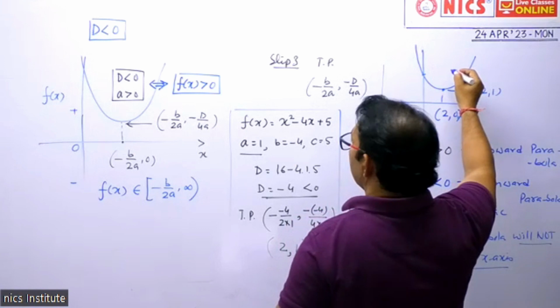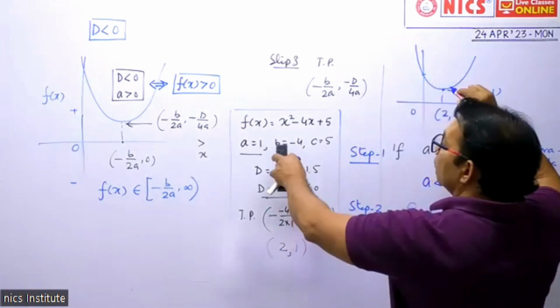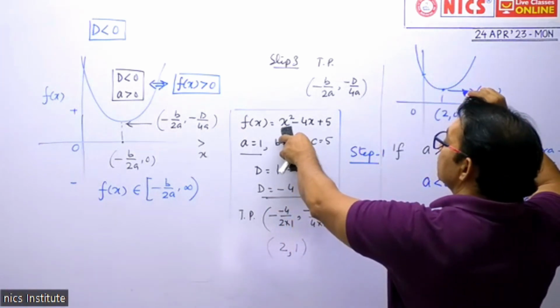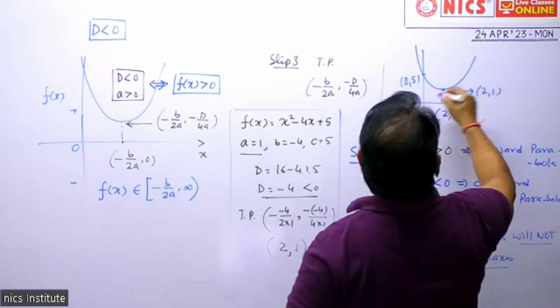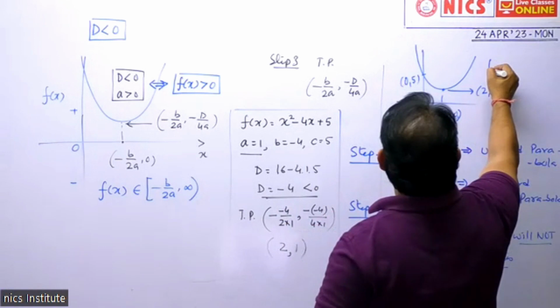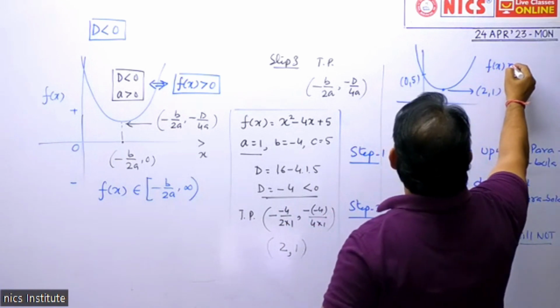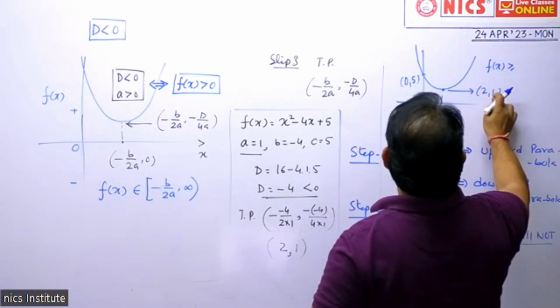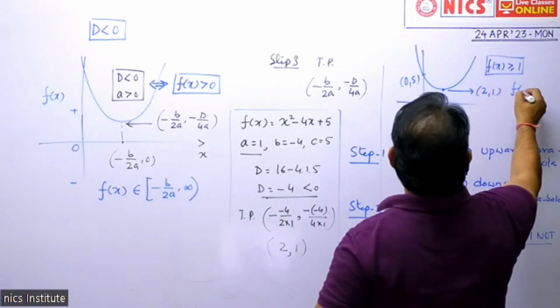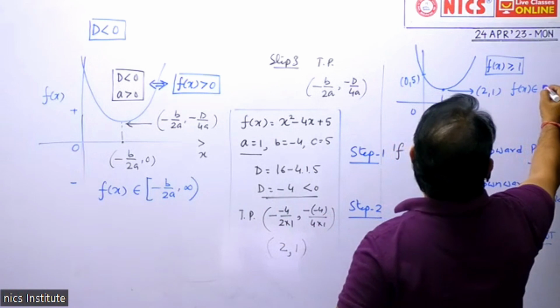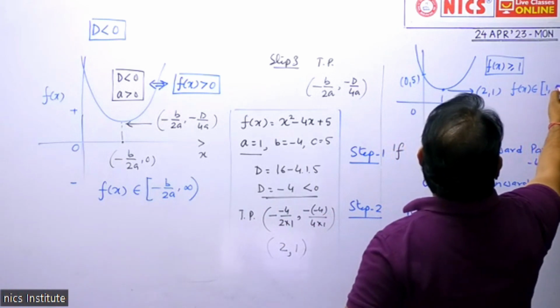This is the point where on the y-axis x would be 0. When I substitute x equal to 0, it would be 5. So this is the graph, and I can also say that this polynomial is always greater than 1. That is, the range of this polynomial is the closed interval 1 to infinity.